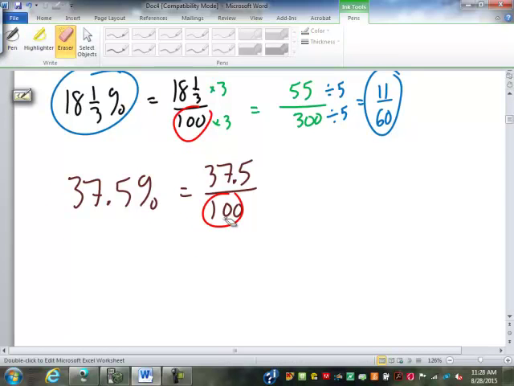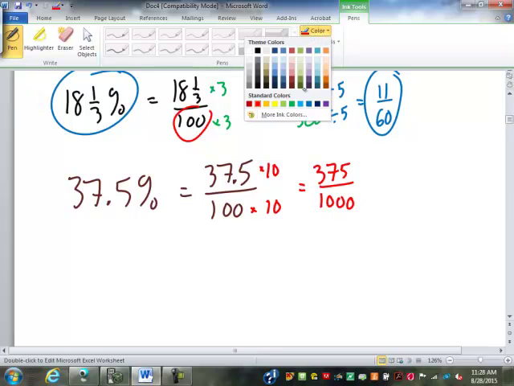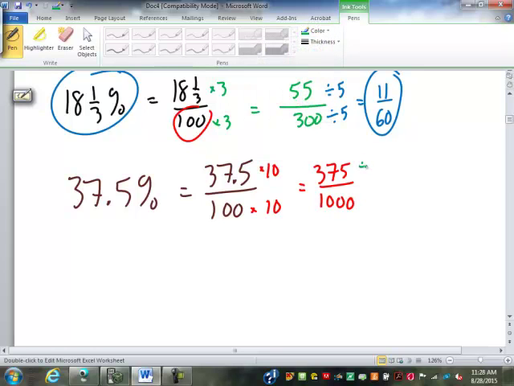Well, we don't like having a decimal within our fractions either. How do we get rid of the decimal? Only one decimal place, so we'll multiply by 10 on top and bottom. So this is going to become 375 over 1,000. Then what? Can be reduced by 25.